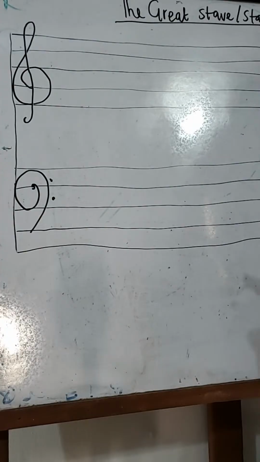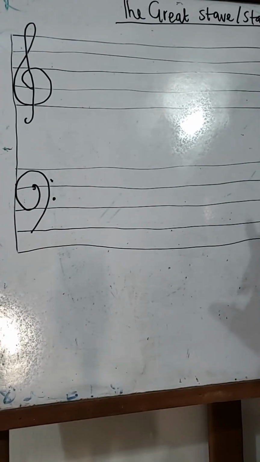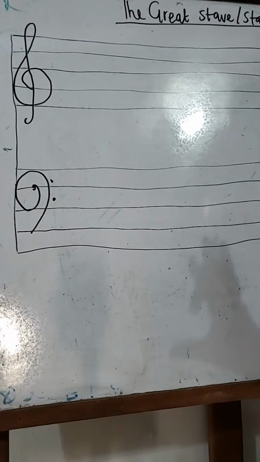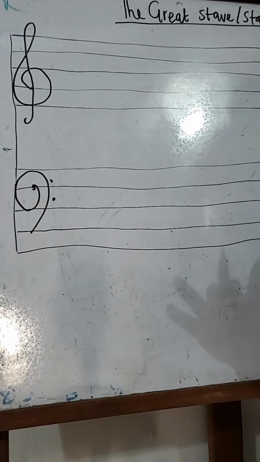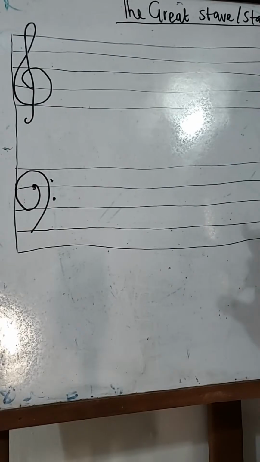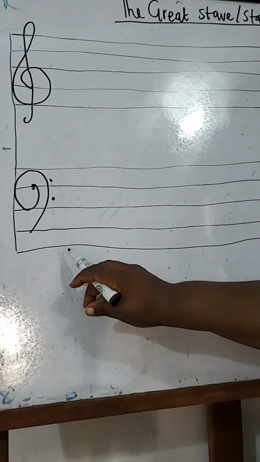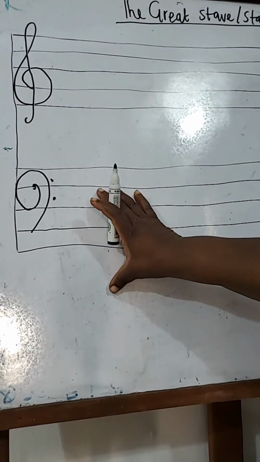As it is now, these are the things you already know. You've not known which line is the 11th line. We are going to start writing the letters so that you will see where the 11th line comes from. Like we did the other time, we start from the bass stave, from the one down.